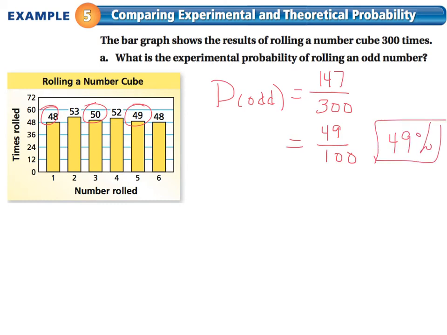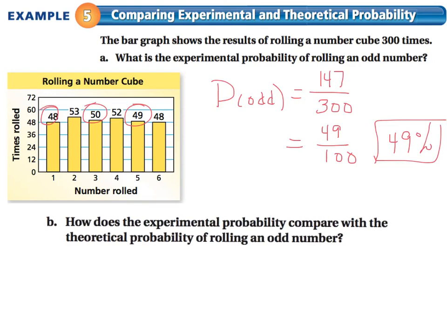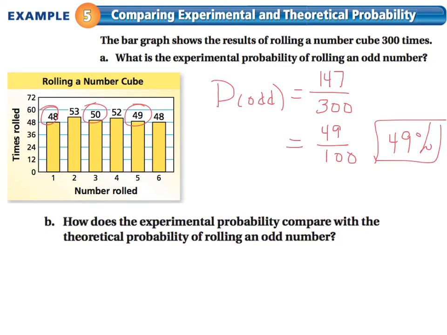Now there's another question though. The next question, which is question B, says, how does the experimental probability compare with the theoretical probability? Well, the theoretical probability of rolling an odd number was 1/2, because it doesn't matter how many times we roll. We're not talking about an actual event. The theoretical probability means we have 3 odd numbers out of 6.